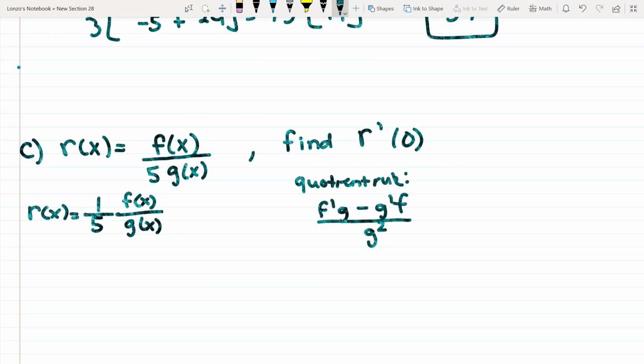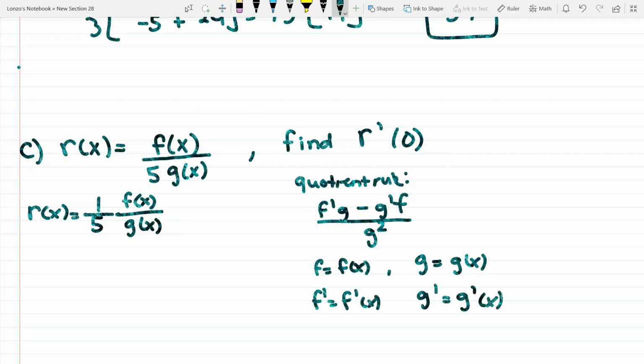So first we got to figure out our F and our G. My F is the numerator, which is F of X, and then my G is just G of X. So F prime is F prime of X. G prime is G prime of X. Okay, so apply the quotient rule.